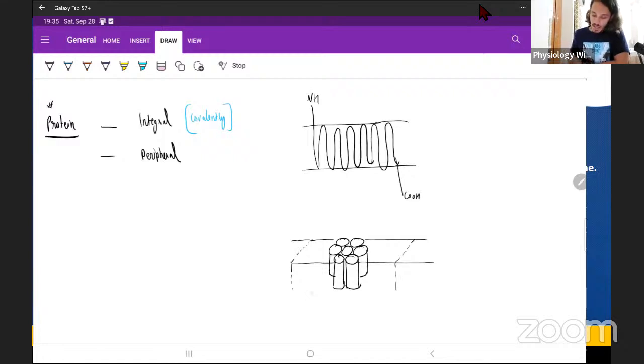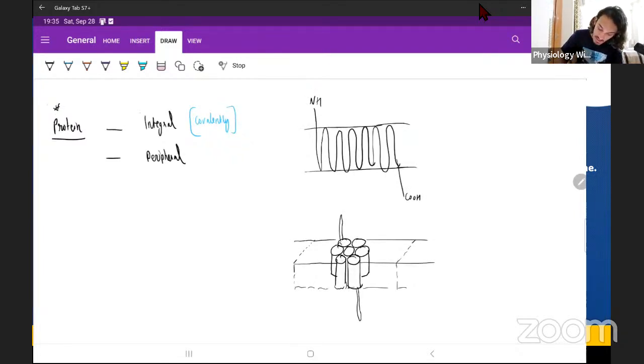I hope you are able to understand it a little better now. This is actually 7. So these are all linked to each other like this, like this, like this, and they span through the membrane 7 times. So this is one example. This is a transmembrane protein.